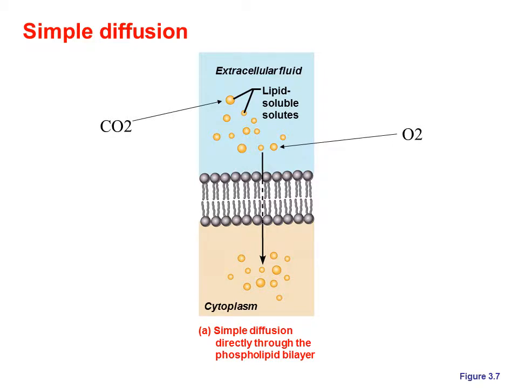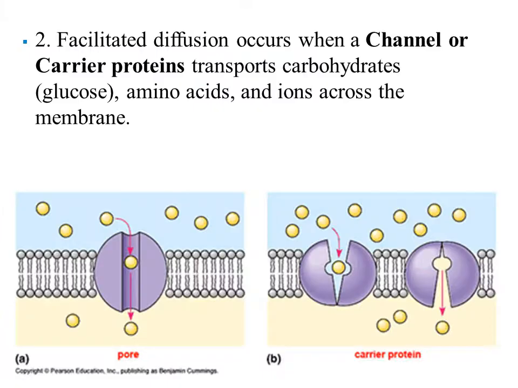This image illustrates simple diffusion. Molecules such as oxygen, carbon dioxide, and lipid-soluble molecules can just squeeze directly across the membrane. The second way we move molecules across the membrane is through facilitated diffusion.